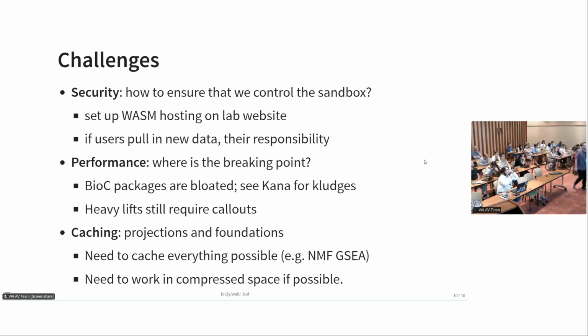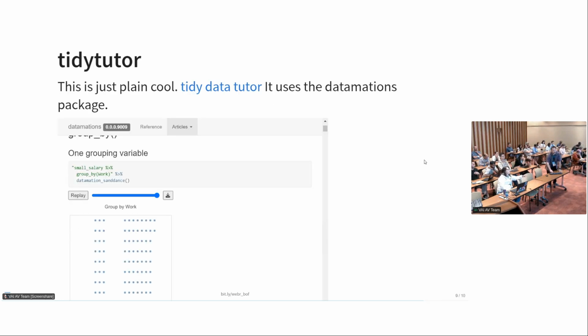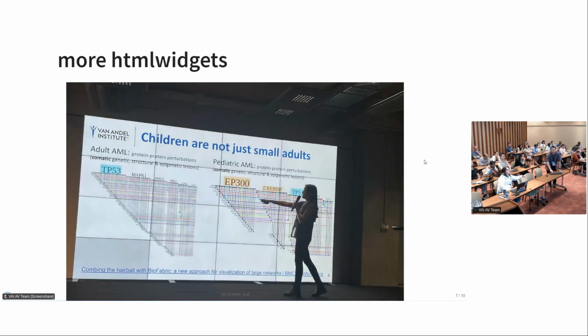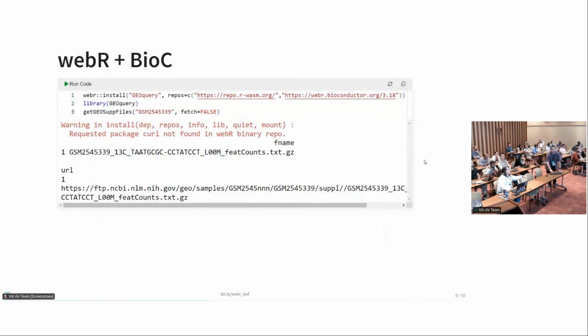Performance. R can be a pig, although truthfully, modern computers and web browsers and WebAssembly are so damn fast that if we can put men on the moon with 64 kilobytes of RAM, and if we can install pretty much all of Bioconductor just to look up the supplementary files for a sample, I don't actually see that as that big of a deal.